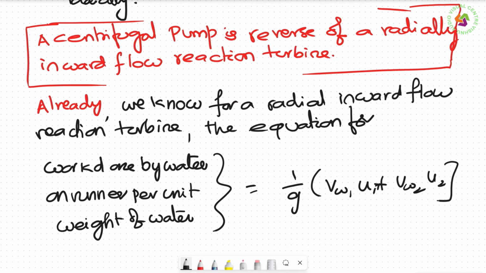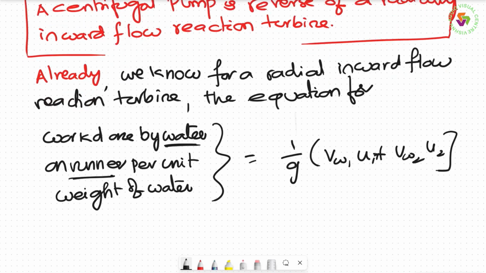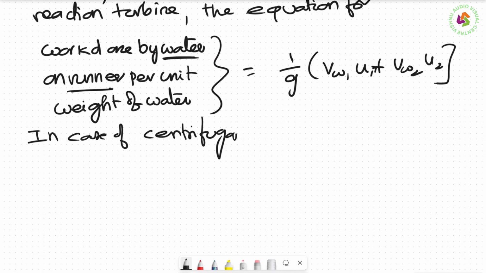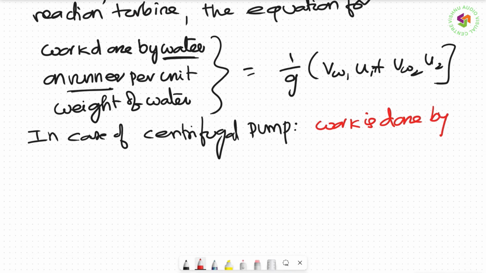But in the case of a turbine, please see, it is work done by water on runner. This is very important. Whereas in the case of a centrifugal pump, work is done by the impeller, that means by the rotating element on water.